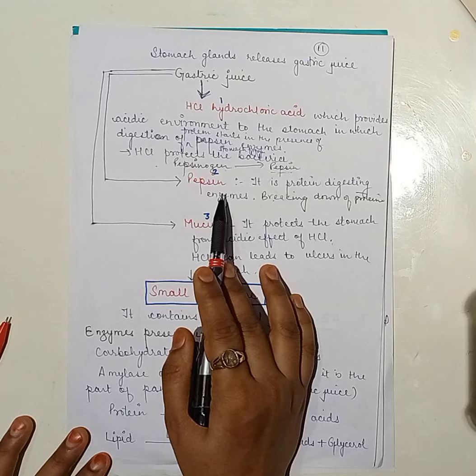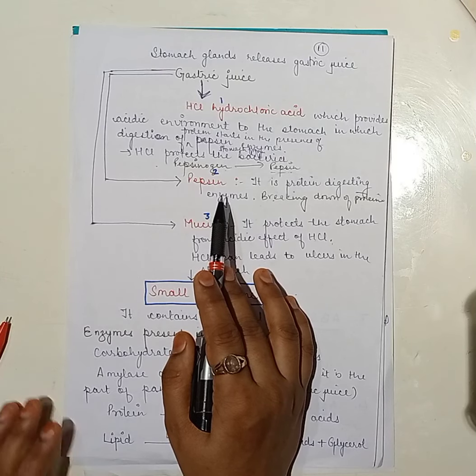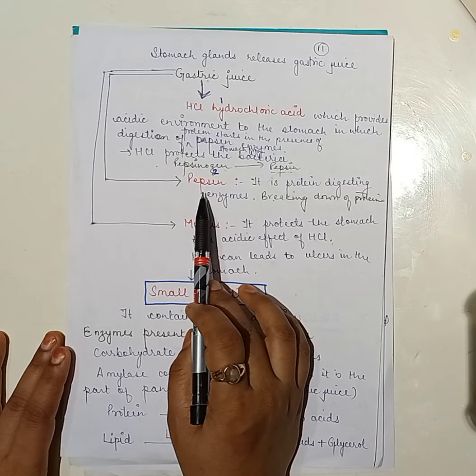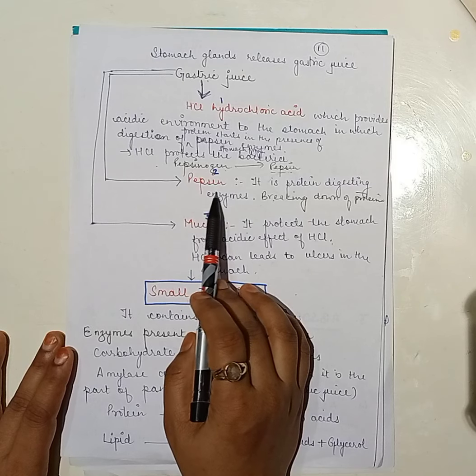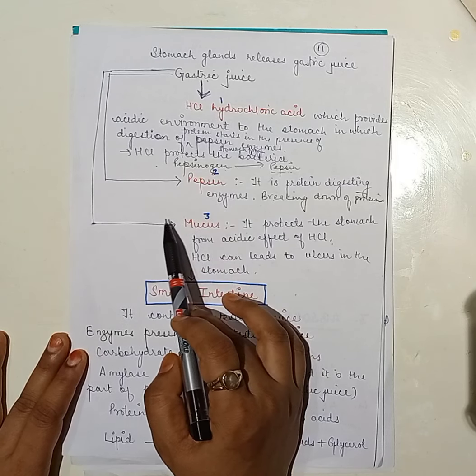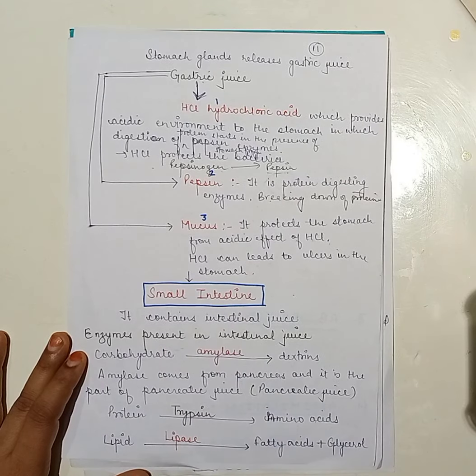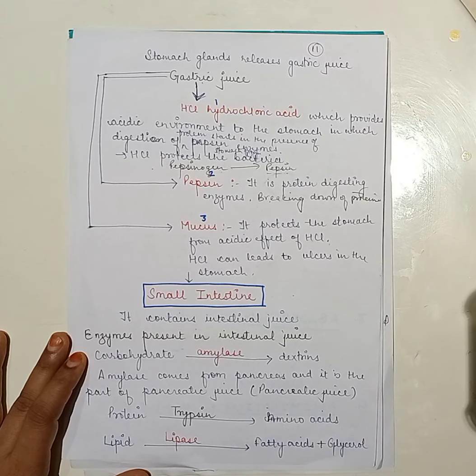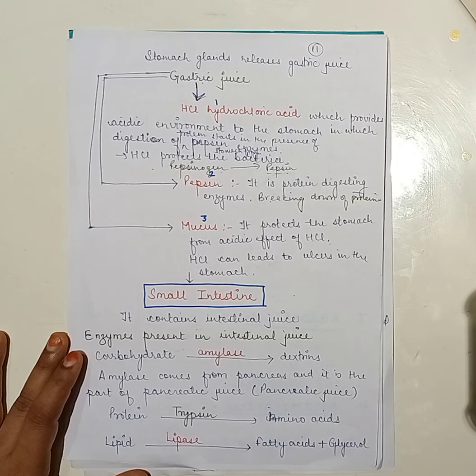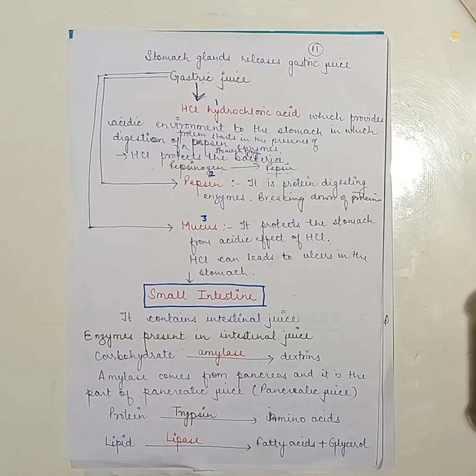So we can say that the breaking down of carbohydrate and protein is partial. For the breakdown of lipid, another enzyme, lipase, is required, which is not present in the mouth, nor in the stomach.